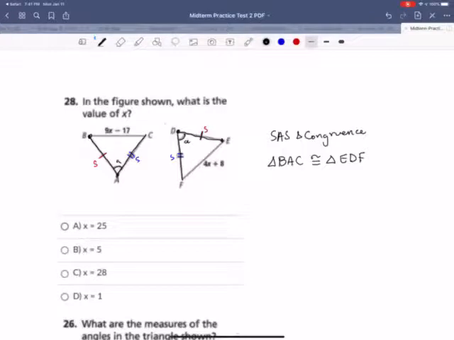So notice here that BC, first and last, that side with the expression 9x minus 17, and EF, first and last, have to be equal because they're corresponding parts of congruent triangles. So we should be able to set these equal and solve for x.